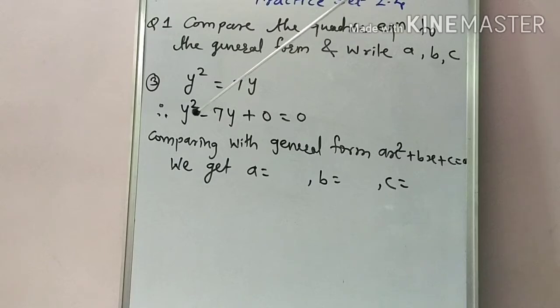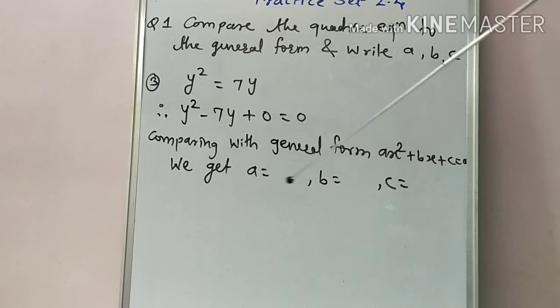Is it correct? Y square, that 7y we take to the left side, minus 7y, and as you observe here, the constant term c is not there, so we take it as plus 0 equal to 0. So now we have the equation in its general form, and we compare that equation with the general form, ax square plus bx plus c equal to 0.